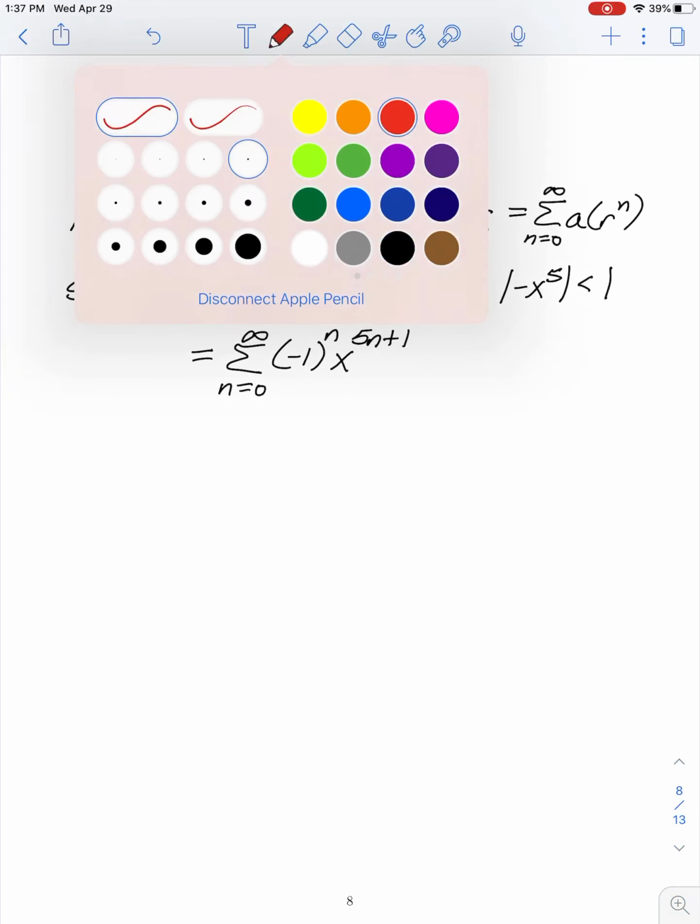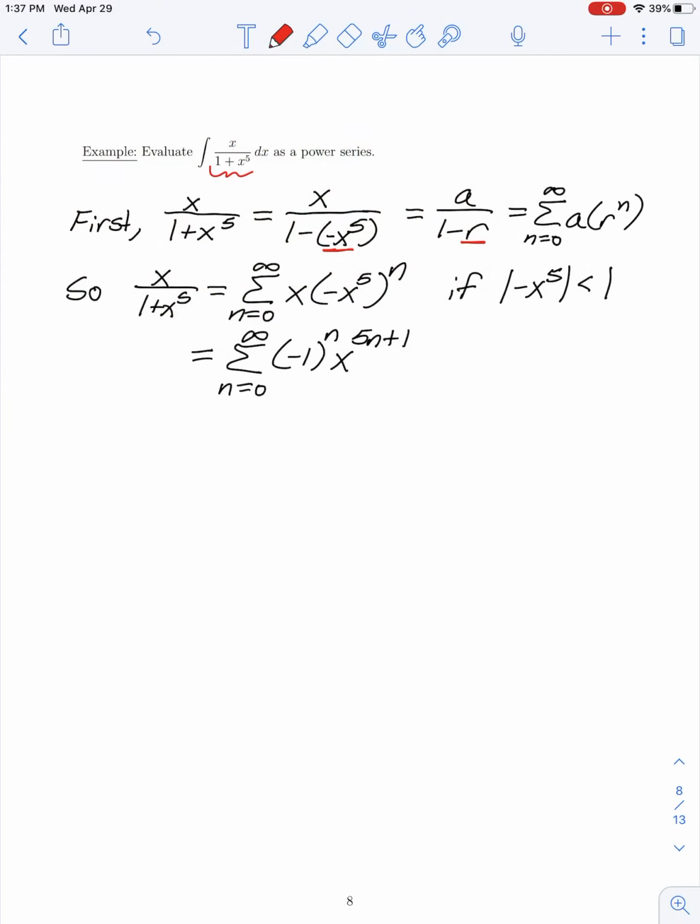So here, using properties of exponentials, if I had negative x to the fifth raised to the n, well, I can split that up as negative 1 to the n, and then x to the 5n, and that extra factor of x I had out in front makes this 5n plus 1 power. So we represent our function in terms of this power series.